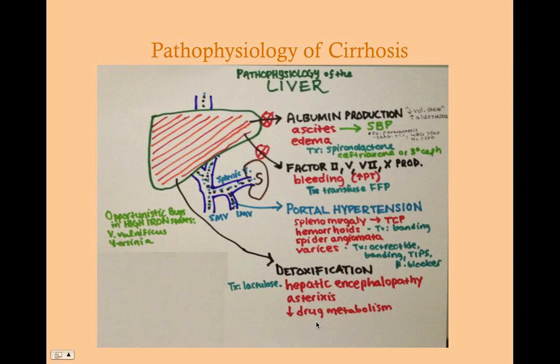And so this is what causes the elevated portal pressure, the portal hypertension, which causes the lower extremity edema, which causes the ascites, which causes the splenomegaly. It's just hypertension of the veins due to backup in the liver. And so splenomegaly can result in thrombocytopenia. When the spleen gets bigger, it's going to sequester platelets, so we can get thrombocytopenia from that.